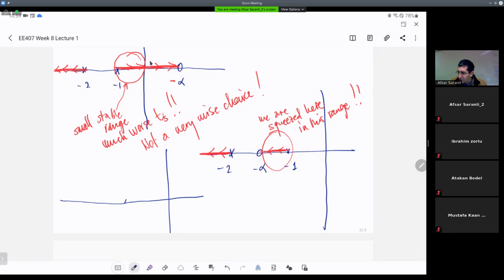Okay, so over here -1, over here -2, and you can put the 0 here, which doesn't again make any sense because, again, you are squeezed in a very narrow region, and furthermore, it's even closer to the j omega axis than all the previous options. Any questions so far?